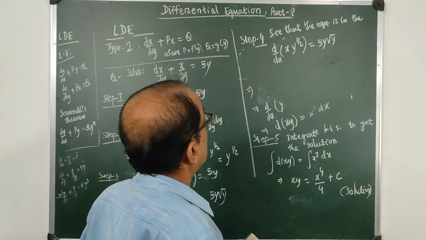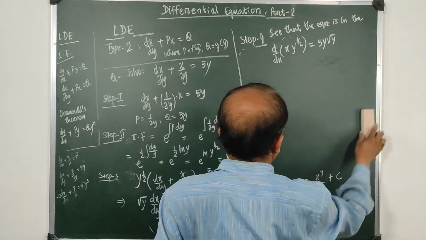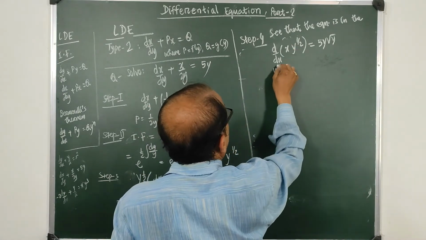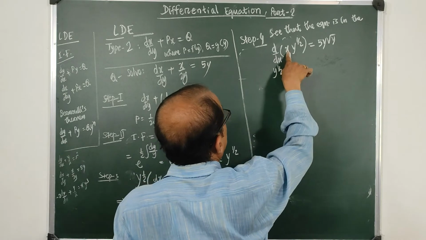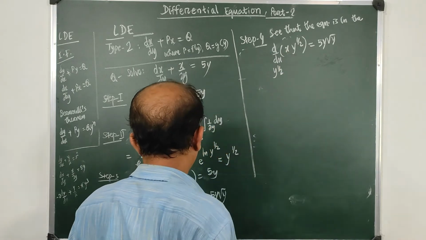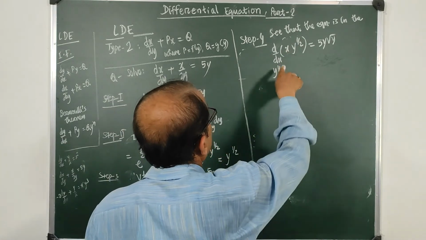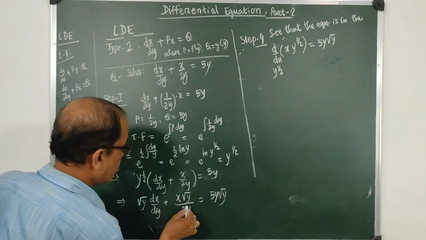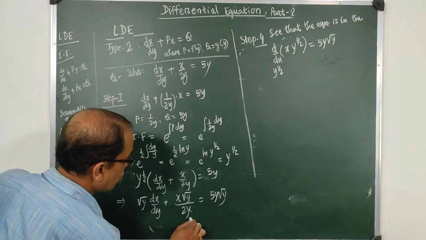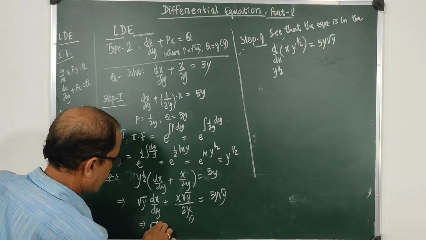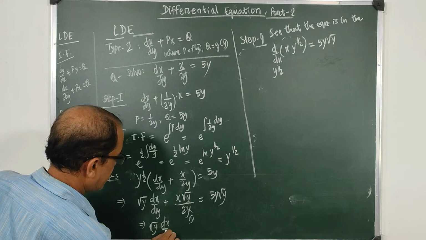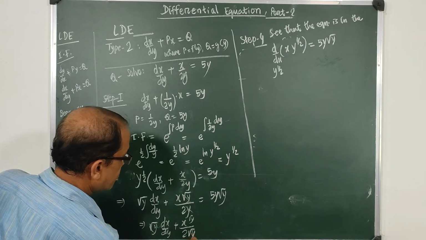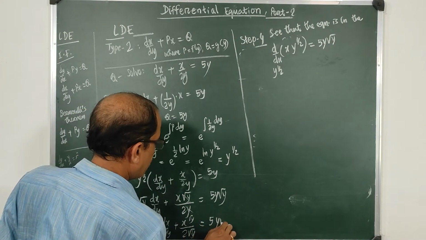If we differentiate, we find y to the power 1 by 2 and the derivative of x is 1, and for x root y by 2y, you find root y dx by dy plus x by 2 root y is equal to 5y root y.